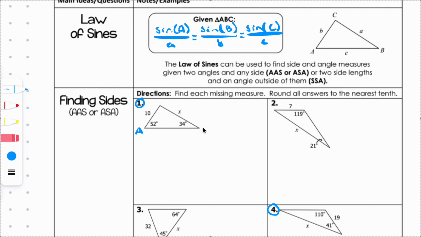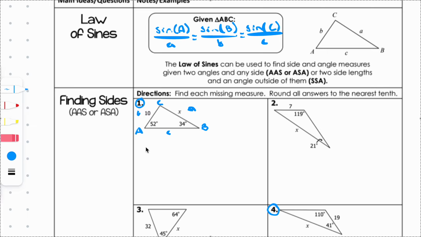Okay, so this is angle A, this is angle B, this is angle C. And we have X, and I'm going to say little c, and this is going to be 10, which is little b. And I'm going to say little a here, actually.